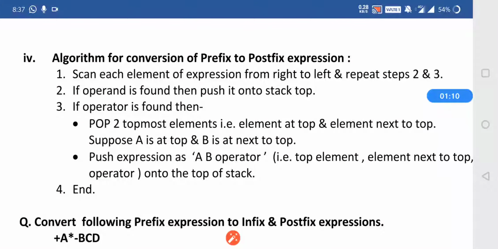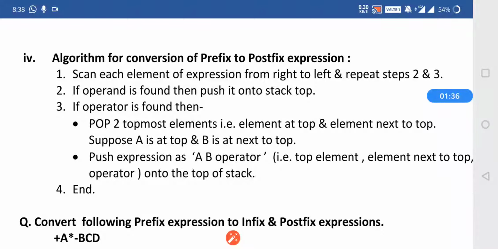Now if an operand is found, then we will push that onto the top of the stack. Whenever we are finding an operand, we will directly push that operand to the top of the stack. And if an operator is found, then what we will do? We will pop the two topmost elements, that is the element at top and the element next to top.